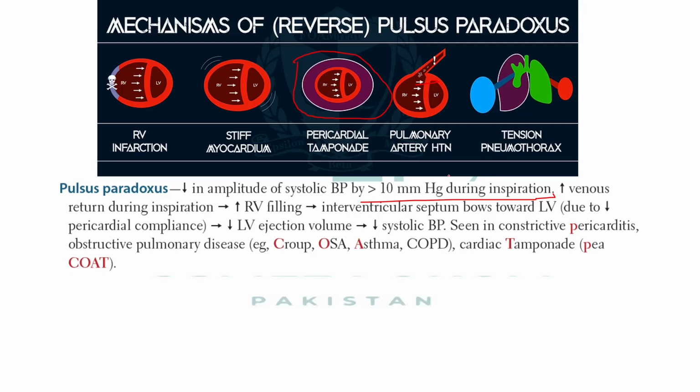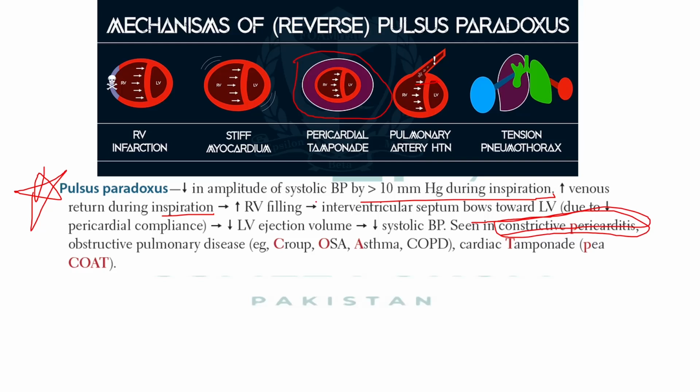What you have to know is this flow chart written over here: when in a certain breathing phase, mostly inspiration, they are talking about a change in the blood pressure, you have to know that the pathology is constrictive pericarditis or any pathology that is constricting the heart.